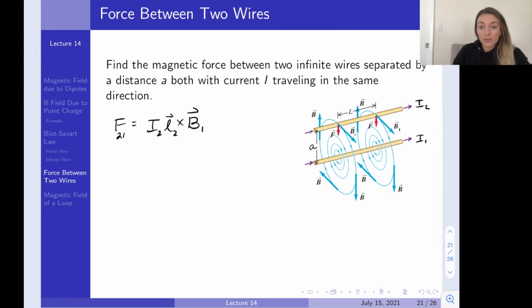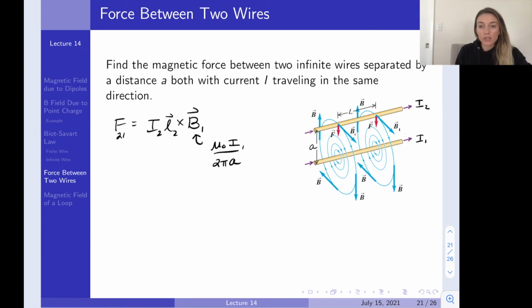So we know the magnetic field of an infinite wire is mu naught times I over 2 pi r. So that's the magnetic field I'm going to be plugging in here, where this is the current in wire 1. So if these two wires are a distance a apart, that means that I'm going to replace r here with a, because we're looking at the magnetic field from this wire at the location of this wire. So that's going to be a.